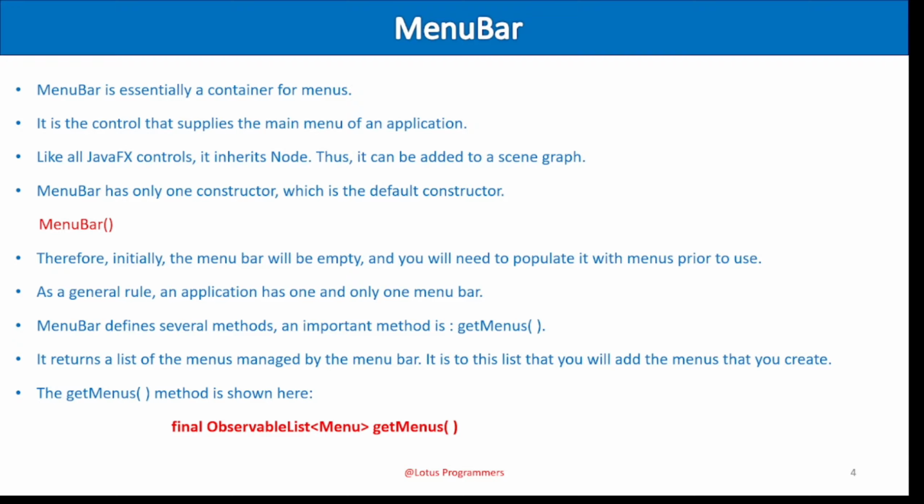That observable list is retrieved by calling the getMenus method on the menu bar. The getMenus method returns the observable list. To the observable list, we will add the menus.